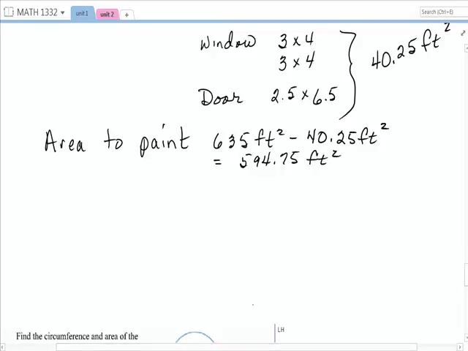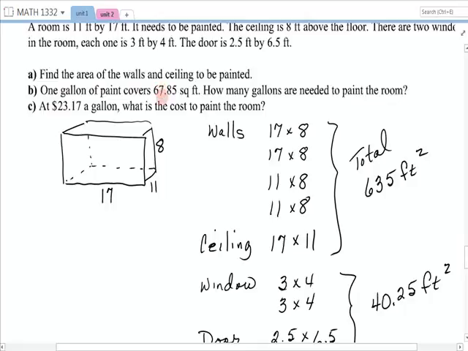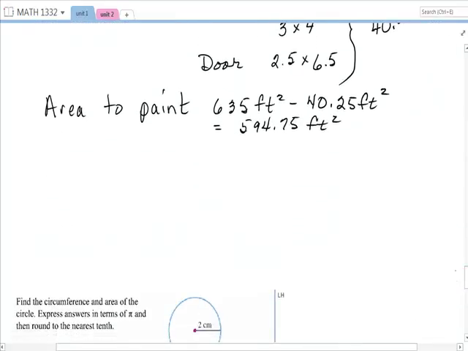And you know what? That's just the first question. Scroll up. 1 gallon of paint covers 67.85 square feet. How many gallons are needed? You know what, I am changing from square feet to gallons of paint, and I can use dimensional analysis.